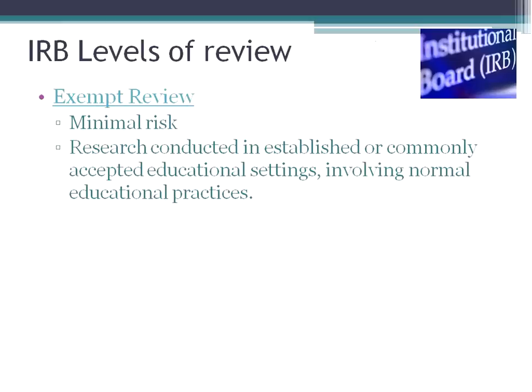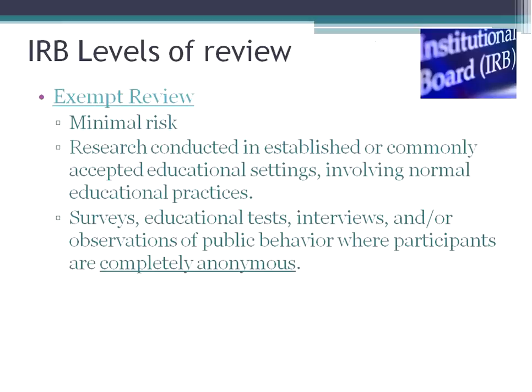Exempt review is saying, I'm doing this study, but there is no more than minimal risk, right? So we're not asking anything too out of the ordinary. We're not having participants do anything too out of the ordinary. Normal settings, normal educational practices. And it's going to be completely anonymous. We can't connect these people in any way. Then this would classify as exempt review.